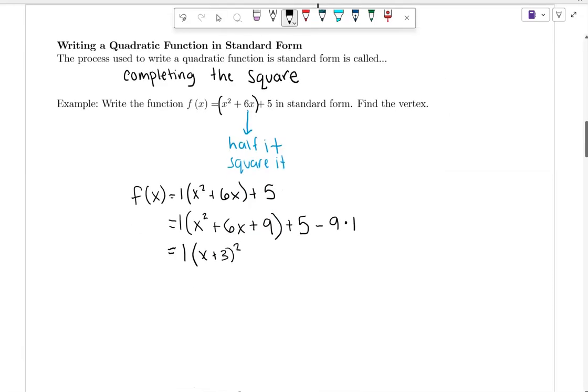Since we're completing the square, you're going to end up getting a squared every single time. So then we still have that plus 5 minus 9 times 1. So then we'll continue and we get x plus 3 squared plus, what do you guys get for that? Actually it's minus 4, yep.